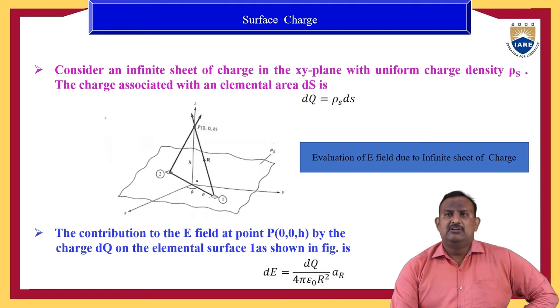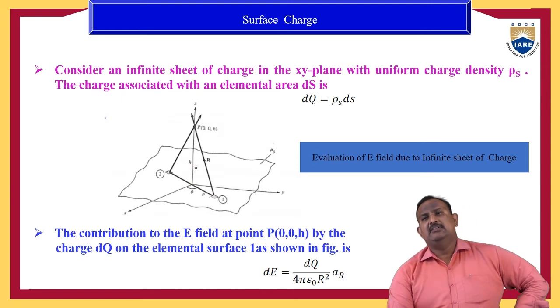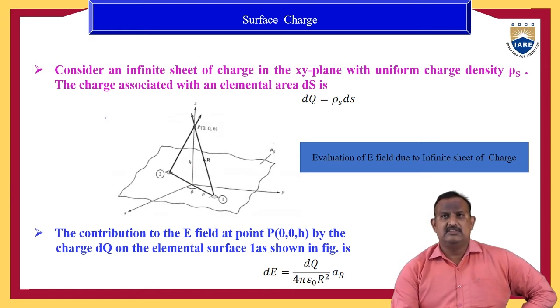We need to find the electric field intensity at point P due to the surface charge of the total infinite sheet.